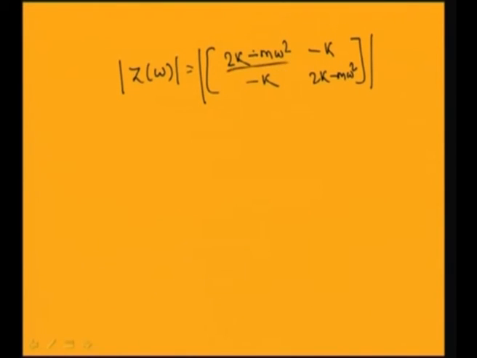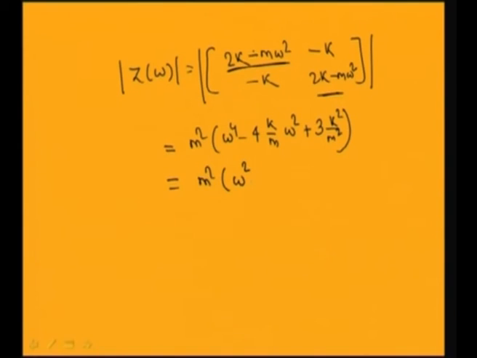This multiplied with this, minus this multiplied with this, so you can find the determinant becomes m square into omega fourth, minus 4k by m omega square, plus 3k square by m square. If I simplify this, it becomes m square into omega square minus k by m, into omega square minus 3k by m.